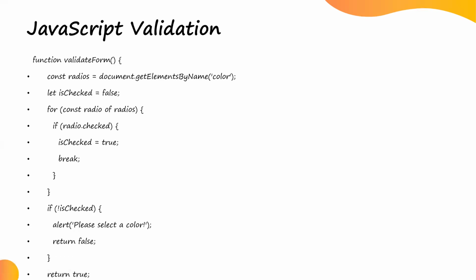Once we get it, we break out of the loop and can go on to check isChecked. If it is false, because we are negating the value of isChecked, we alert and return false, else we return true. This is how you can use JavaScript to validate your radio button.